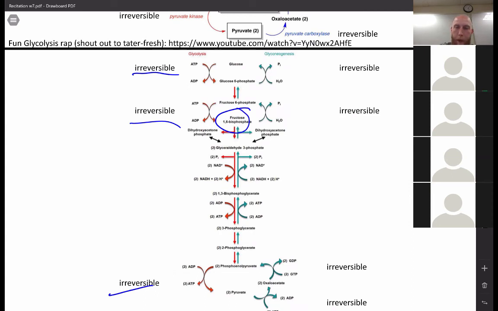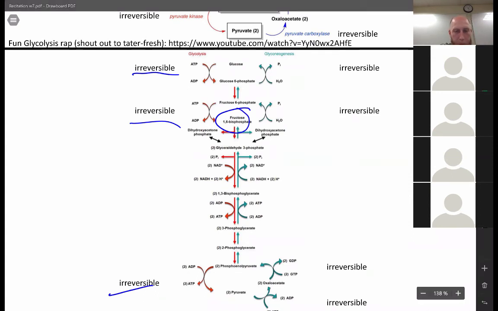I hate acronyms, by the way. It's going to make 2,6-bisphosphate, which is a different chemical because it's got a phospho group on a different carbon. But again, we'll get to that in a little bit.